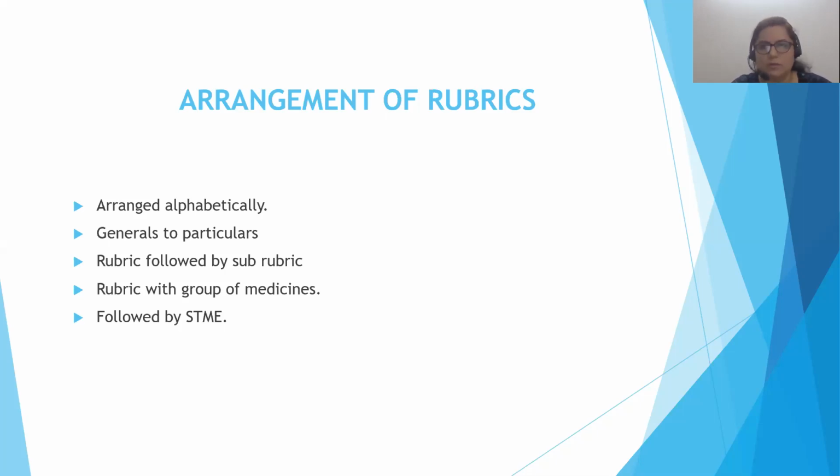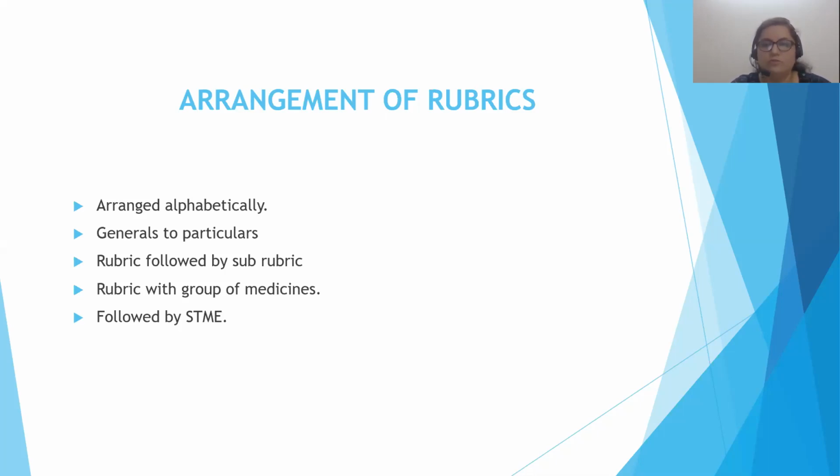So that is how all these rubrics are arranged in Kent's Repertory. This will be more clear when you go through the repertory. In the next class, when I continue with this, I'll tell you about the way these things are mentioned. I'll show you certain rubrics and certain sub-rubrics of it.